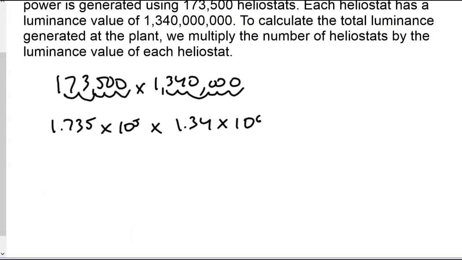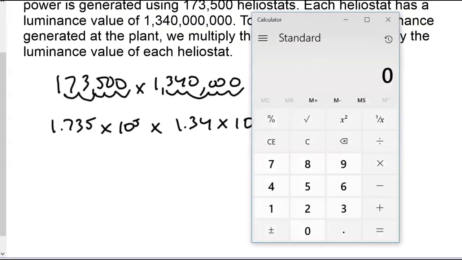come down to our calculator and go 1.735 times 1.34 and get 2.32.